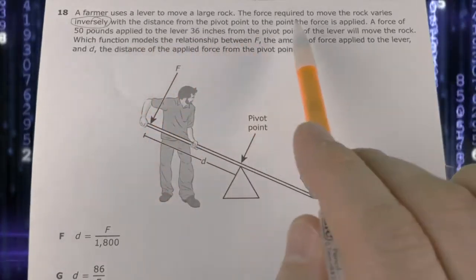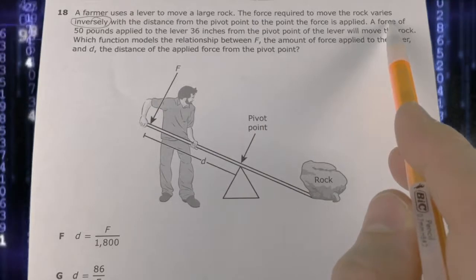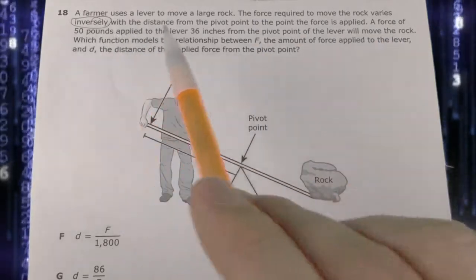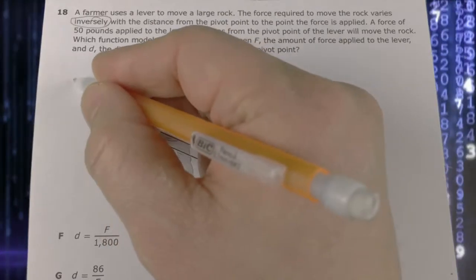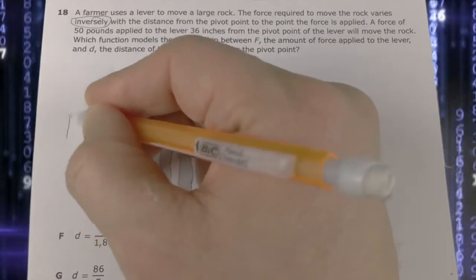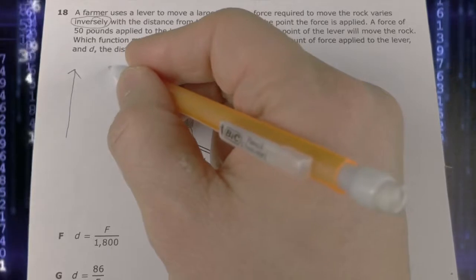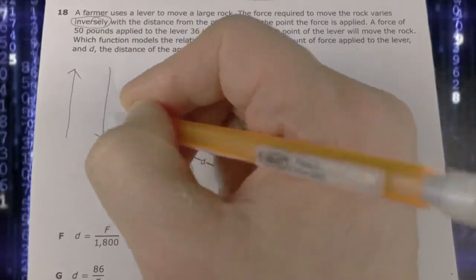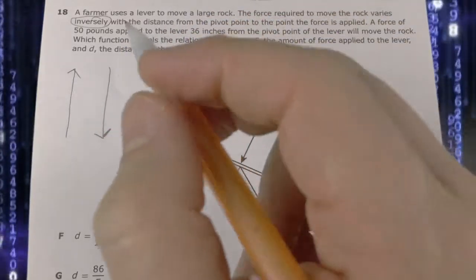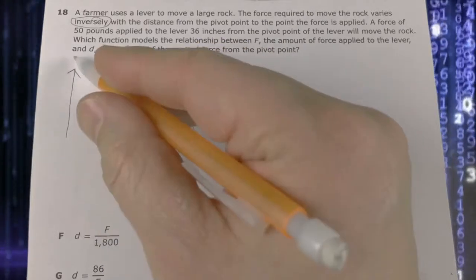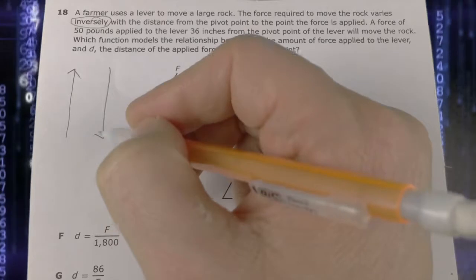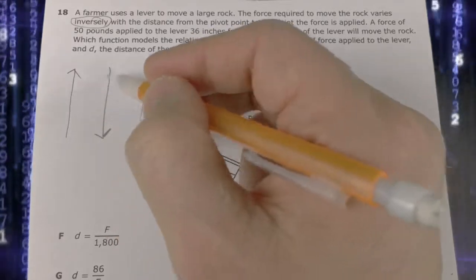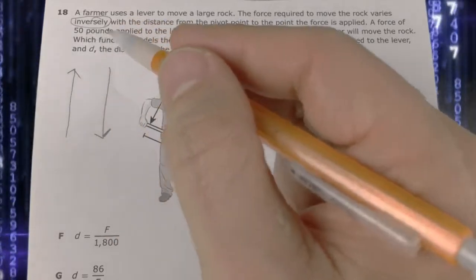So there's the force required to move the rock. It varies inversely. What is an inverse relationship? It means when one thing goes up, the other thing is going down. When I say thing, I mean when the independent value goes up, the dependent goes down, or the independent goes down, the dependent goes up, and vice versa.